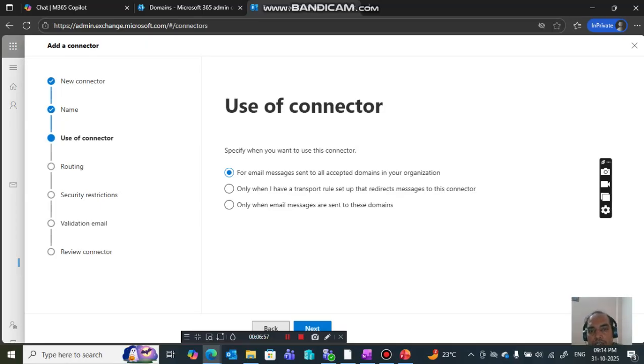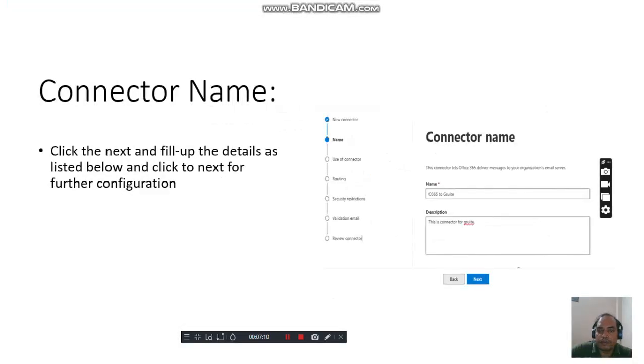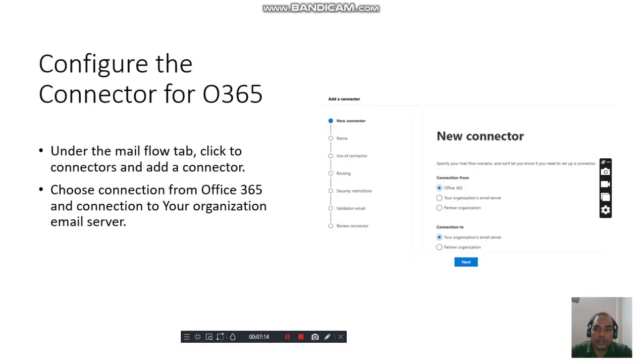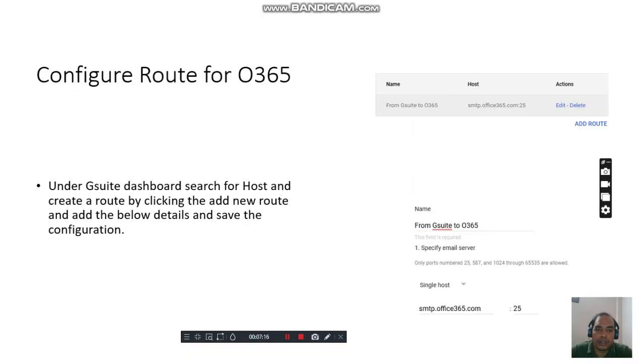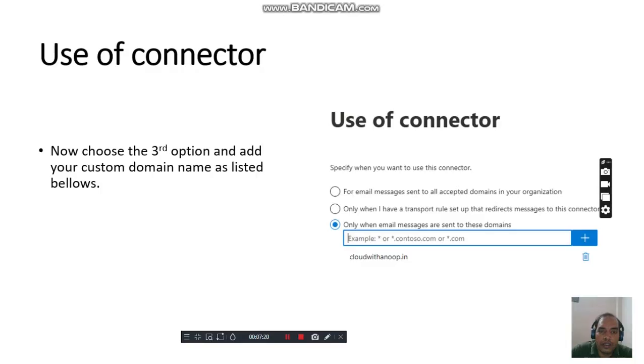Here, specify when you want to use the connector. So these are the options, and I think we have to choose the third option, only when email messages are sent to this domain.